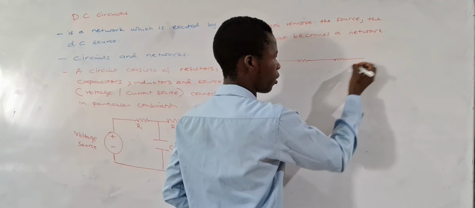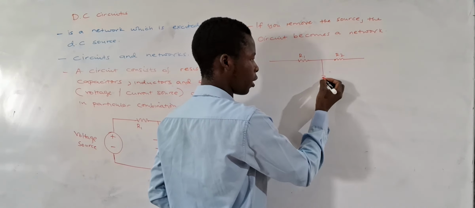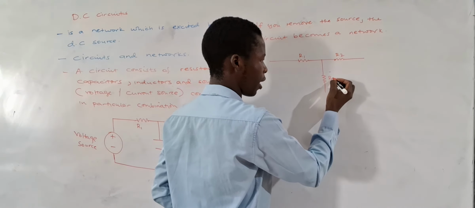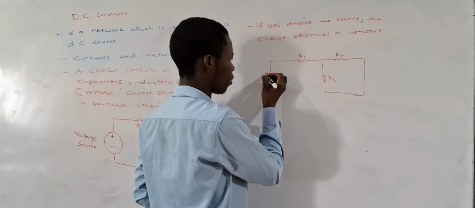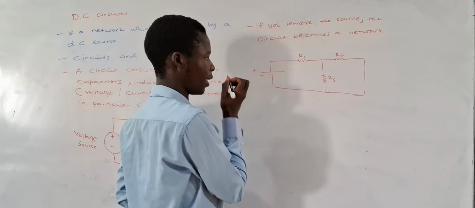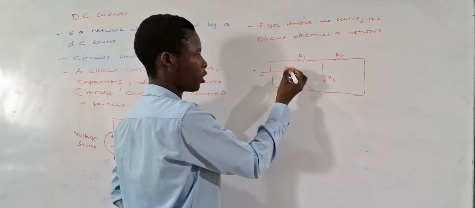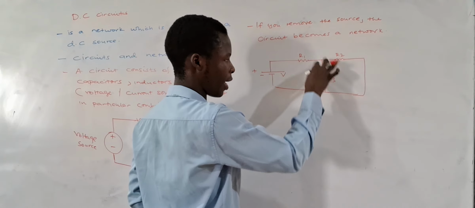This is R1, this is R2, and I'm going to say R3. Positive, negative. This is a voltage source. R1, R2, R3 are resistors.